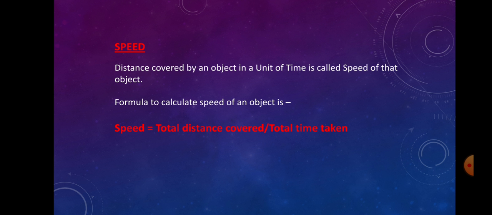The formula to calculate the speed of an object is speed equals total distance covered divided by total time taken. This slash is the fraction slash of mathematics. Don't take it as 'or'. This is not 'or', this is a fractional slash.